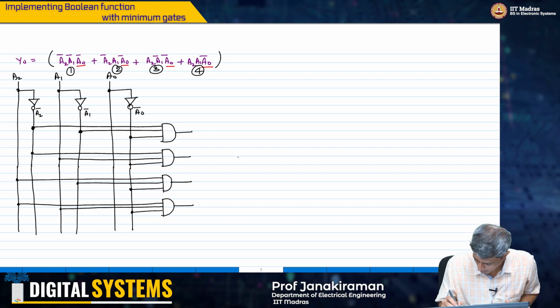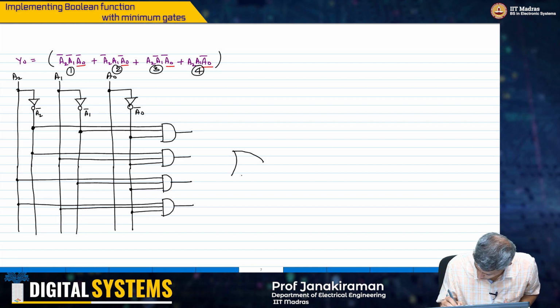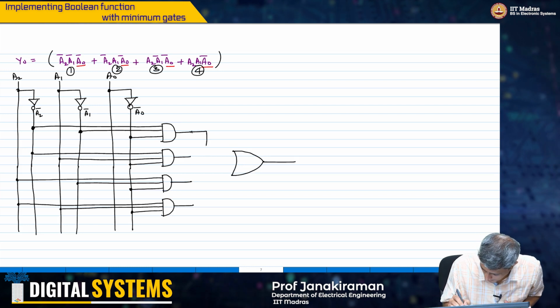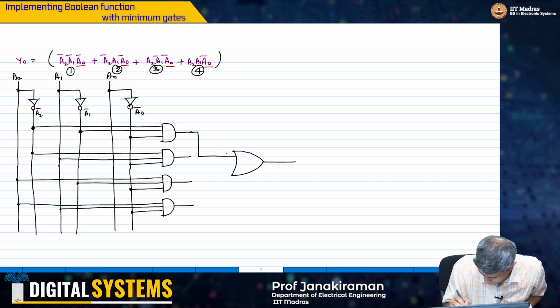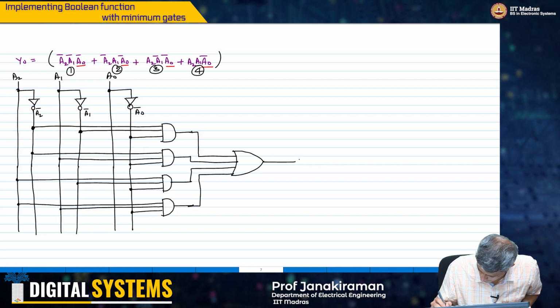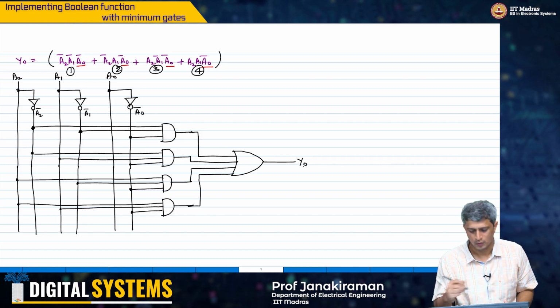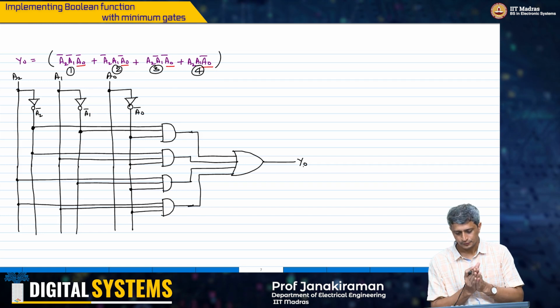So now you take a big 4 input OR gate and go ahead and implement this. Right, so this is why not, okay?